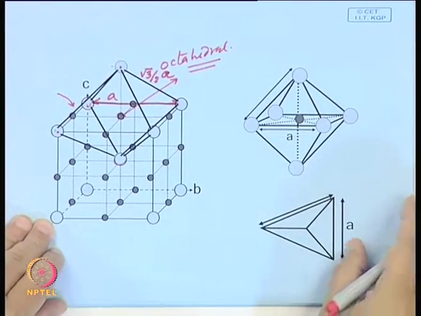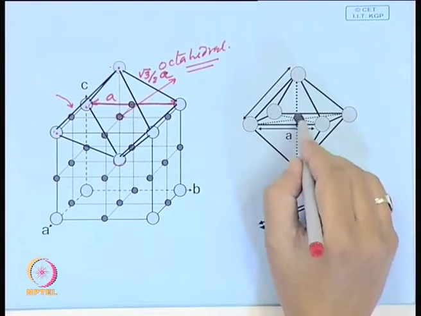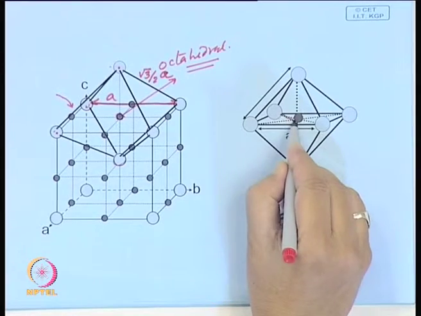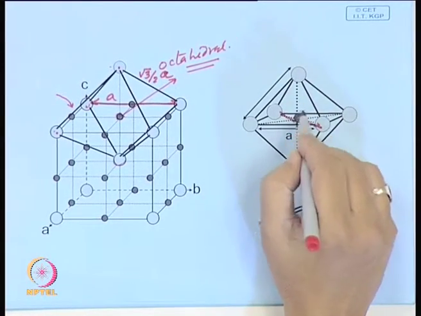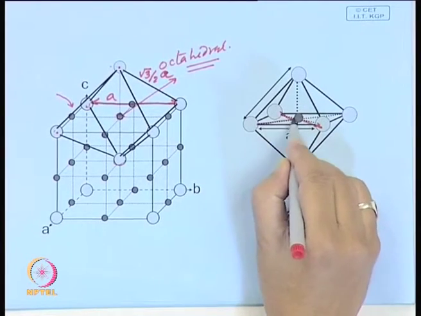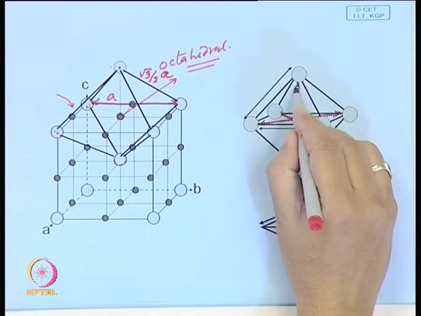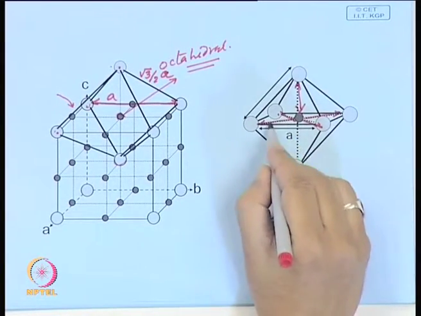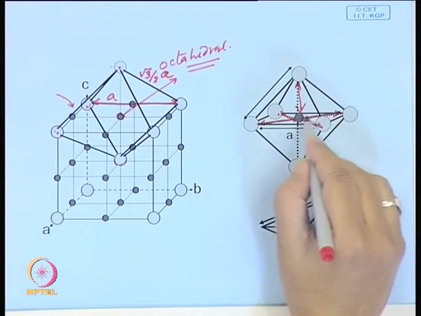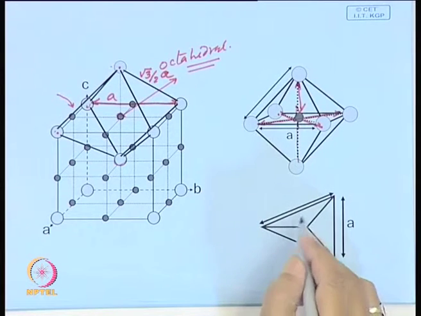So, it will be worthwhile for you to try and calculate the dimension of these interstitial sites and find out the dimension along this and along this. Is it the same in all directions? The dimension along the face diagonal and the dimension of the gap along the edge.